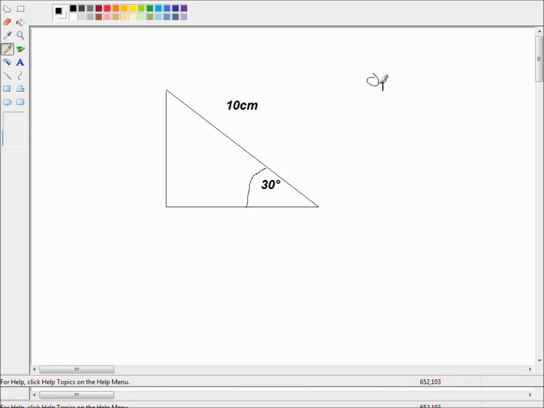So opposite over hypotenuse is equal to sine 30 degrees. So that means the opposite is equal to the hypotenuse times the sine of 30 degrees.